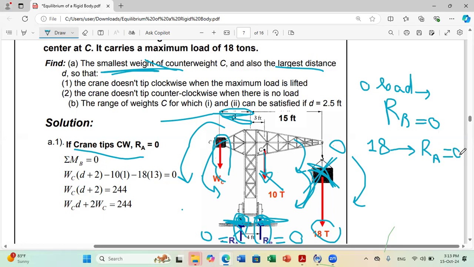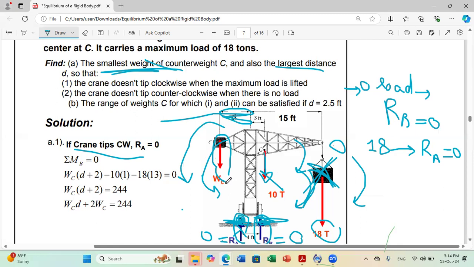Okay? So here, if I start with the first case scenario, zero load, and since I have the risk of losing contact with B, and RB is 0, then if I write sum of moment about A, I will have only as unknowns WC and D, because RA is passing by A, so it cannot produce any moment about A. So when I do sum of moment about A, I already know RB is 0, and RA is doing a moment about A equal to 0.